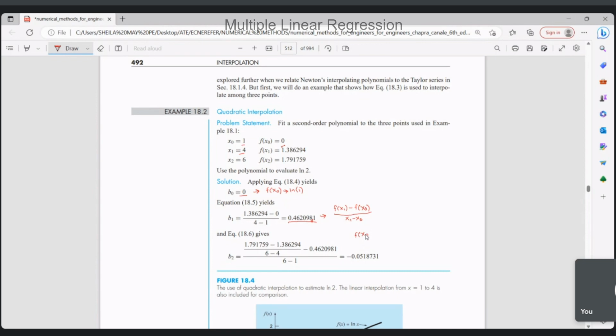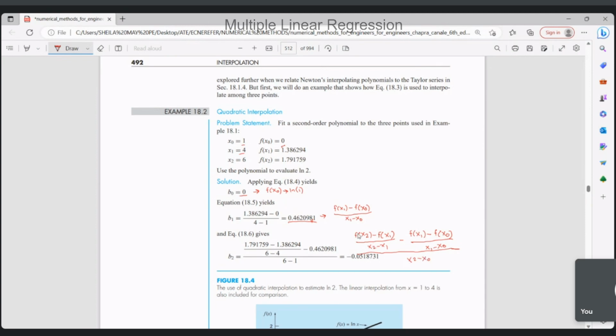Now for the B2, okay, f of x2, x1, x0. So that's f of x1, f of x0 over x1 minus x0, then all over x2 hangtod na x0.